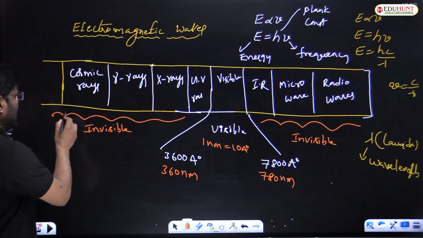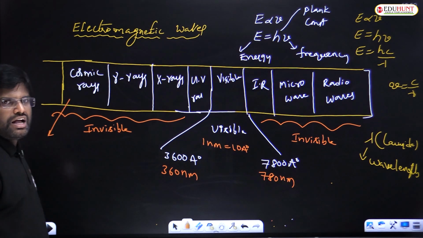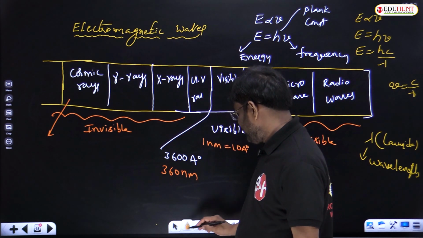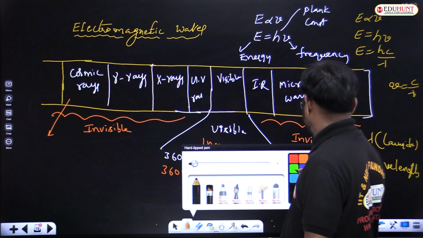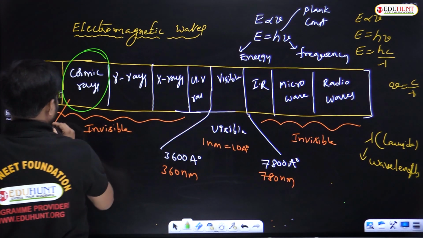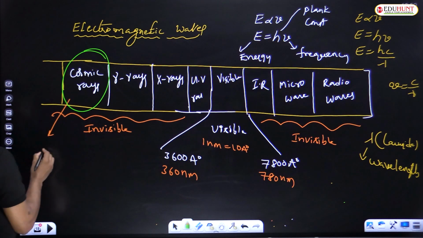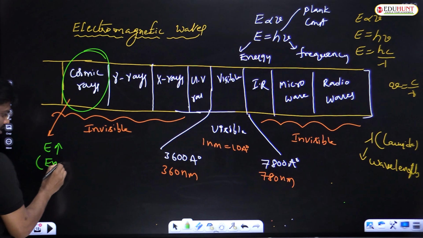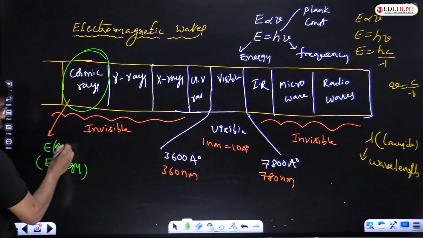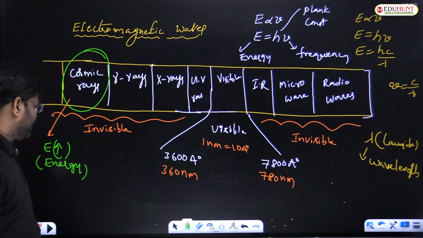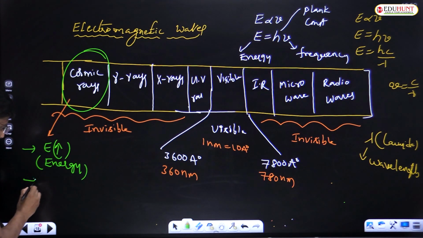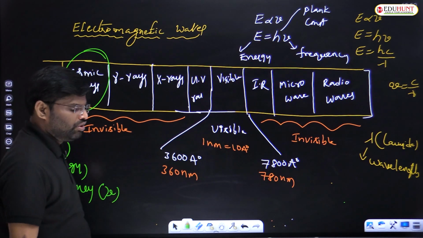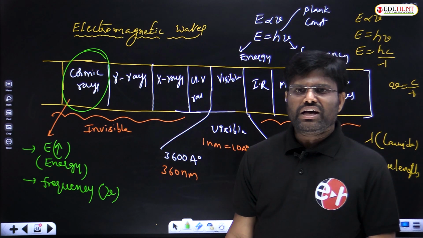Now, which has the highest energy? Cosmic rays are high energy rays. Their energy is more over here, and the frequency nu is also more.